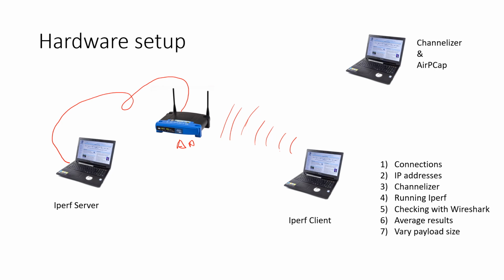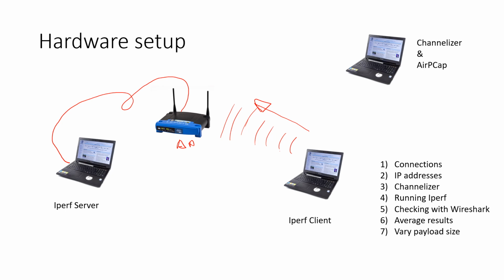And in this particular arrangement, the direction of travel of the data as a default will be between the Jpath client and the Jpath server. You can switch it around in one of the Jpath client settings, but that's the default direction of travel.